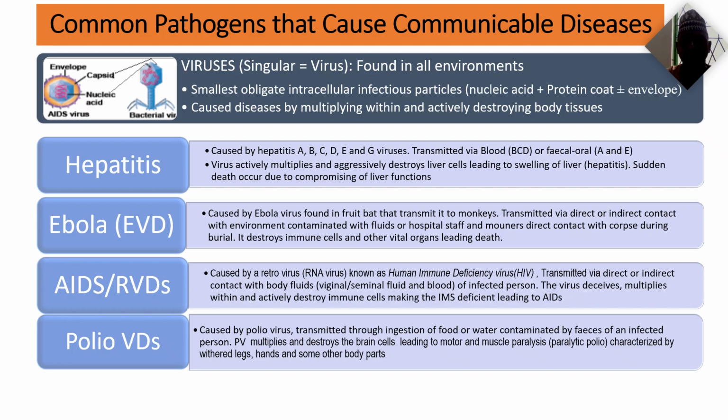So after the brief illness, the virus may enter the bloodstream to reach the brain, where it rapidly multiplies and destroys the brain cells, leading to motor and muscular paralysis, which is otherwise called paralytic polio, that is characterized by withered legs, hands, and some other parts of the body.